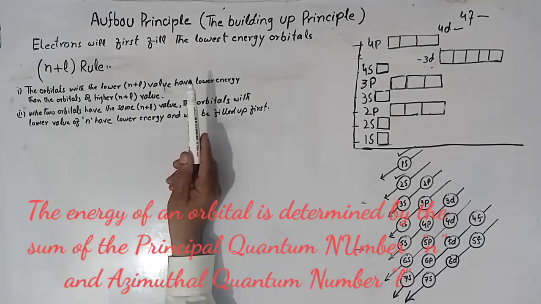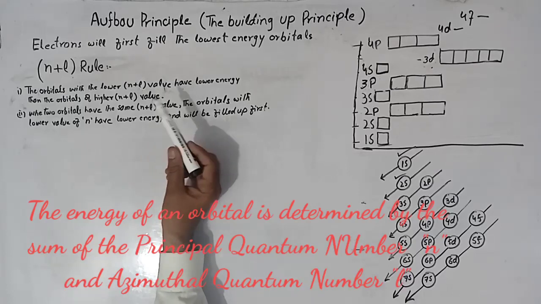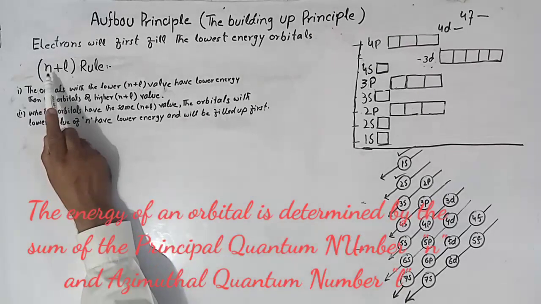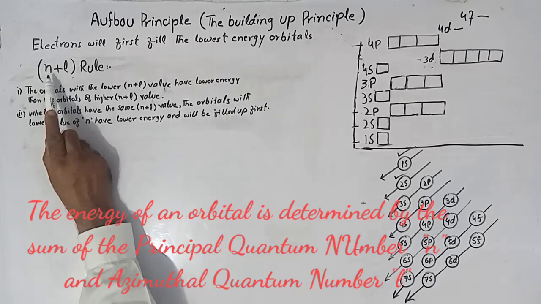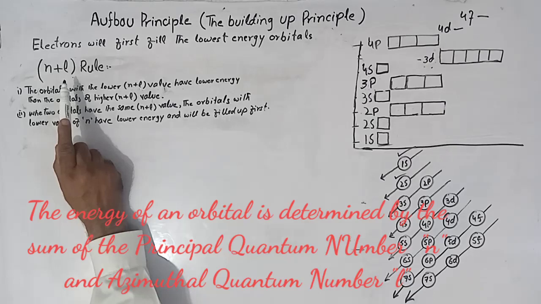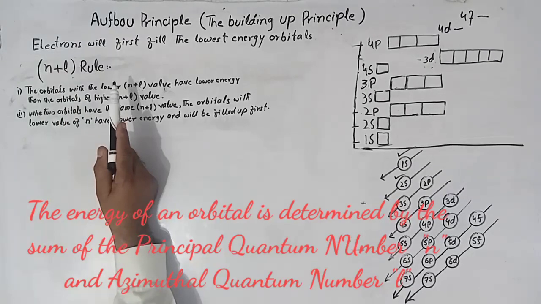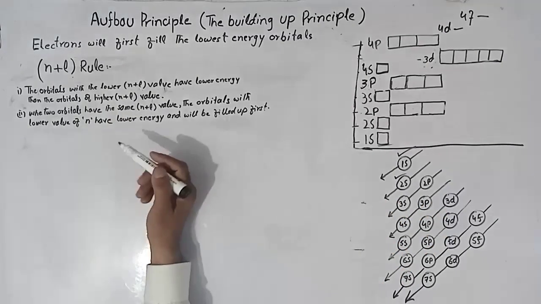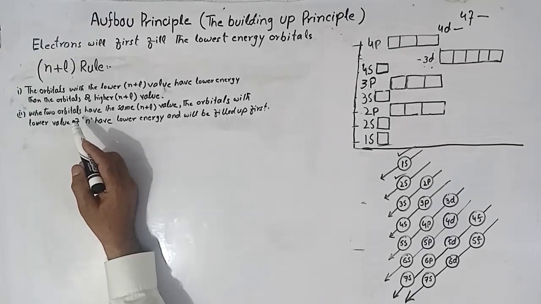The energy of an orbital is determined by the sum of principal quantum number n and azimuthal quantum number l. Therefore, this rule is also called the n plus l rule. The rule consists of two parts.